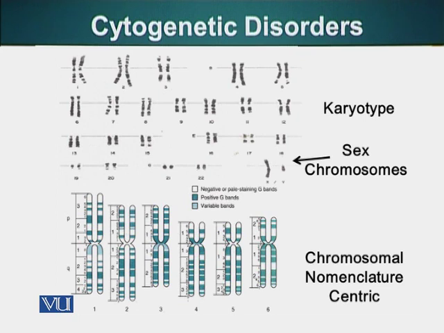So petite arm, two arms, if both the arms are of the same length, the chromosome is metacentric. If the P arm is relatively much smaller than the Q arm, these are submetacentric chromosomes. And the chromosomes in which the centromere is pretty much at the tip of the chromosome, they have a very, very small P arm. These are called acrocentric chromosomes.